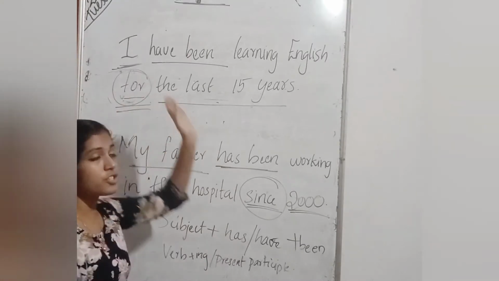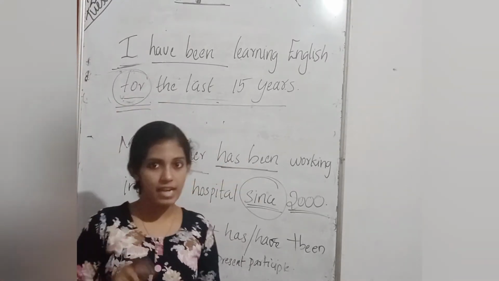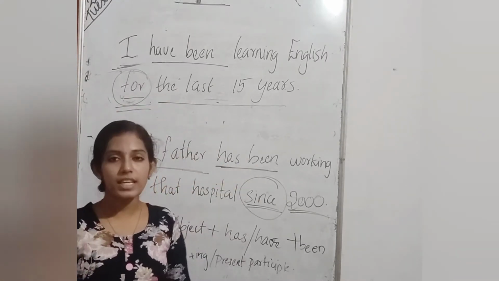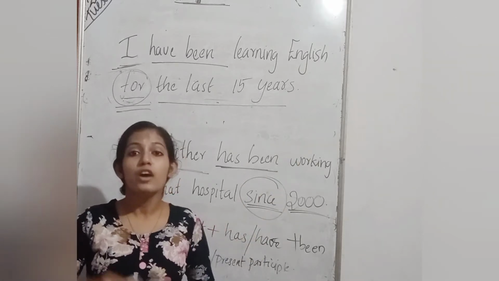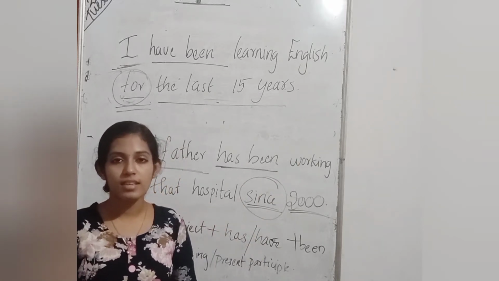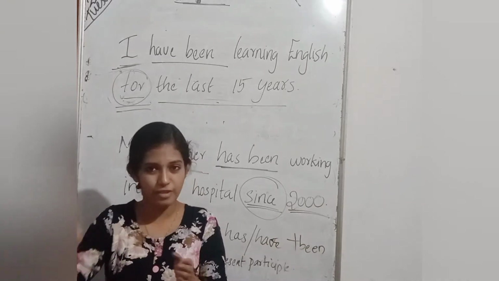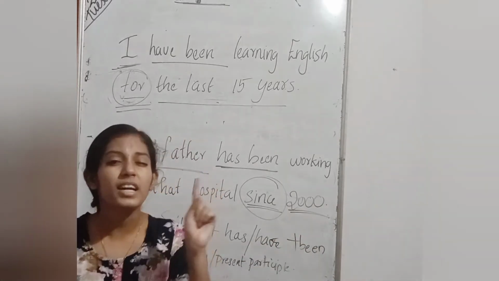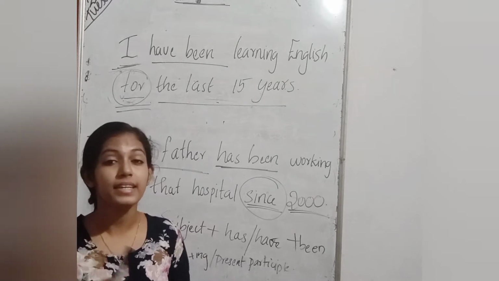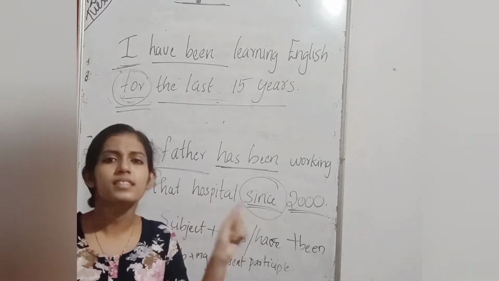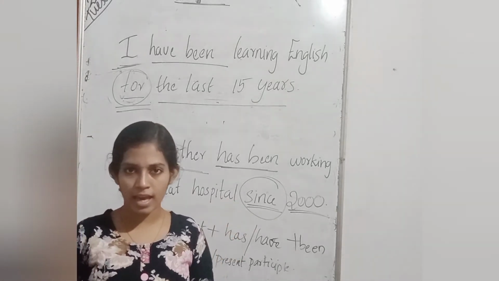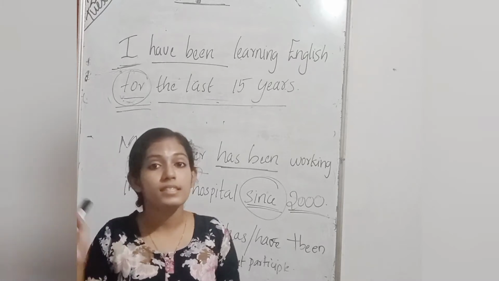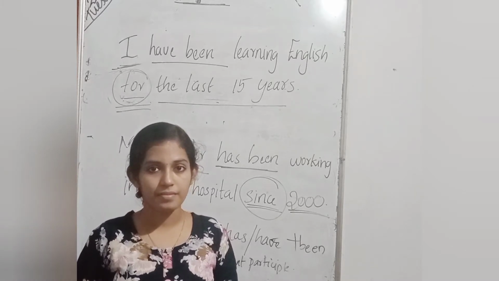For is used to show a period of time. For 15 years, for 16 minutes, for 18 hours. Like that, for a period of time. And since is used to show a particular point. Since 6:50 a.m., since 1999.